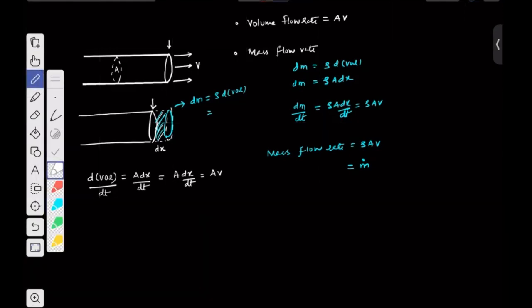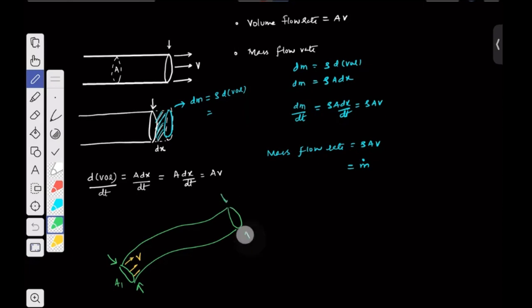Suppose I give you a tube and at one end, suppose I know the area of the cross section here is A1, and the fluid here is entering with velocity V1, and at the other end, suppose the area of the cross section is A2, and the fluid that is coming out of this cross section is coming out with velocity or speed V2. So here it is entering with V1 and there it is exiting with V2.